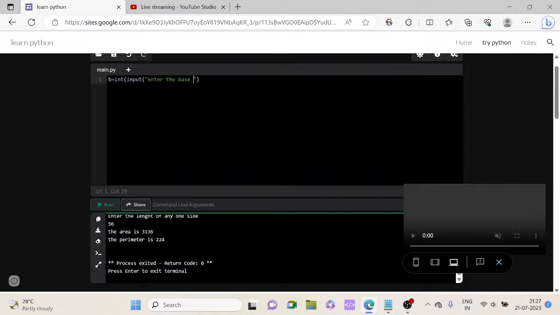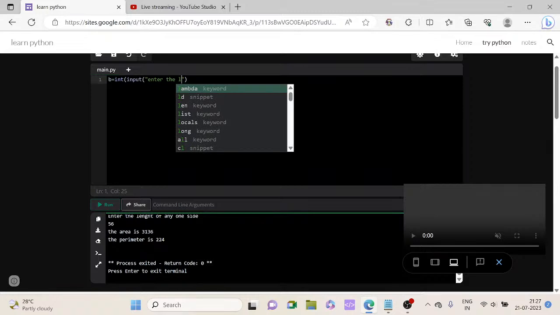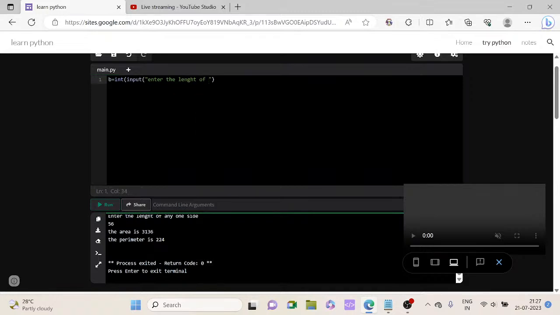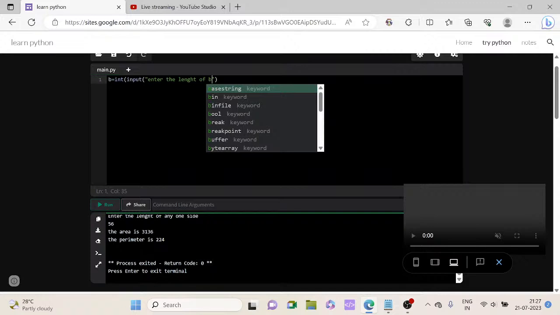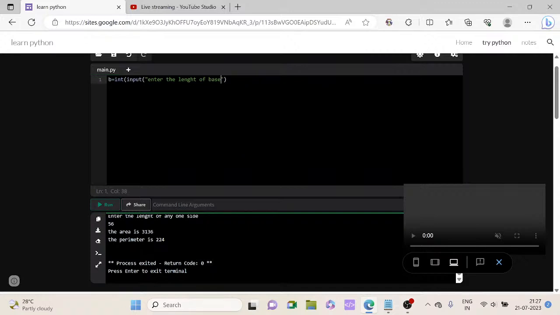B is not the breadth, it's the base. Or enter the length of base. Enter the base length. So base length I have given like this.